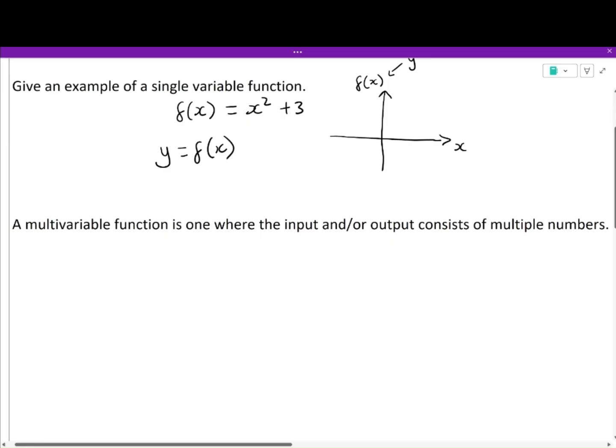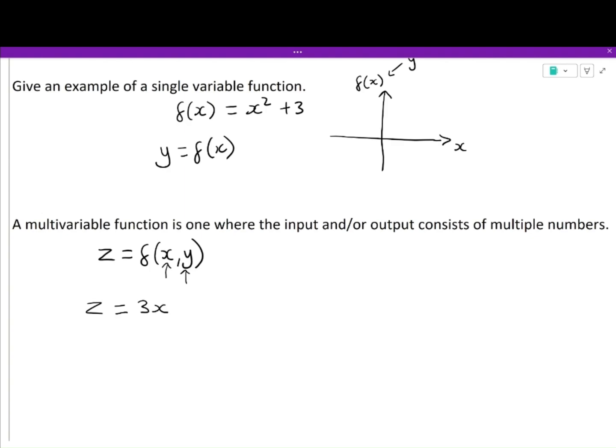Now for our multivariable ones, it's going to be of the form z is equal to f of x, y. So z is going to depend on two inputs, x and y. An example of something in this format would be z is equal to 3x take 5y. Okay, that is an example of a multivariable function.